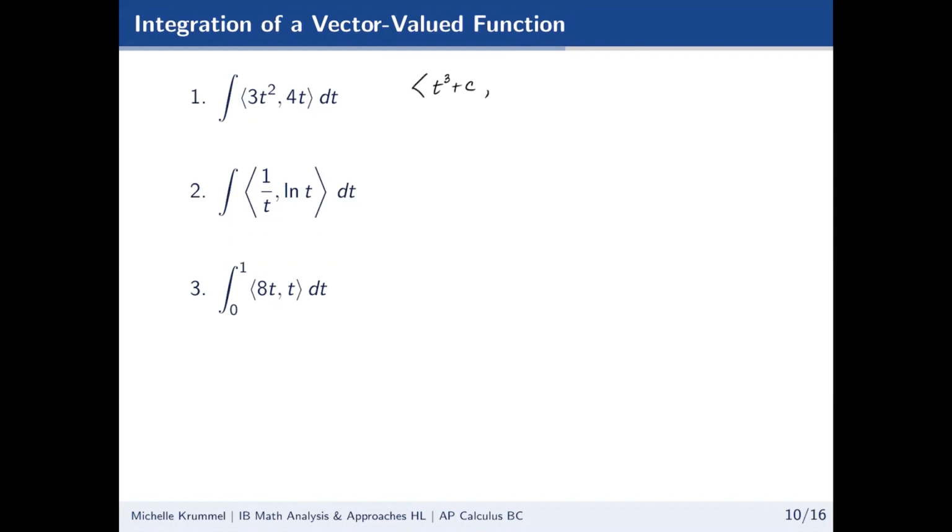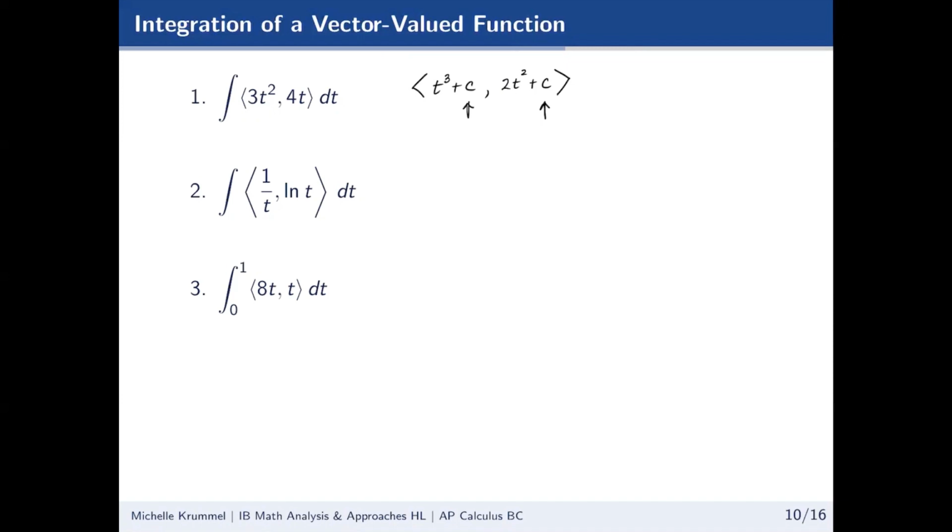Now we can integrate our y component. If you integrate 4t, you get 2t squared plus c. Now, is there a problem with the way that I wrote that? The way that I wrote that, it looks like this value and this value are the same value, but they don't necessarily need to be the same value. So we can't call them both c.